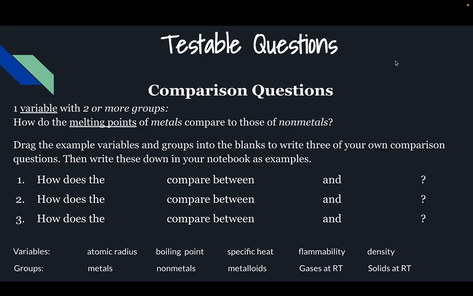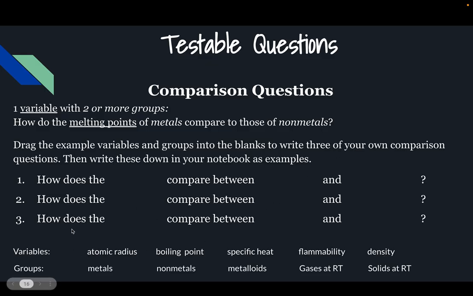So another type of testable question is a comparison question, and basically it takes one variable and compares it across 2 or more groups. So my example is, how do the melting points of metals compare to those of nonmetals? So I have melting point as my variable, and the 2 groups are metals versus nonmetals. So here are your variables to choose from.